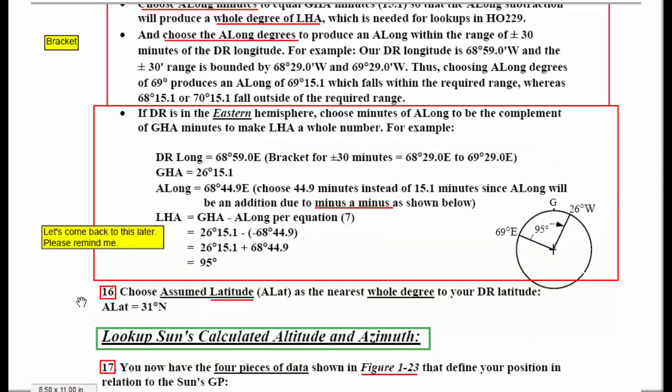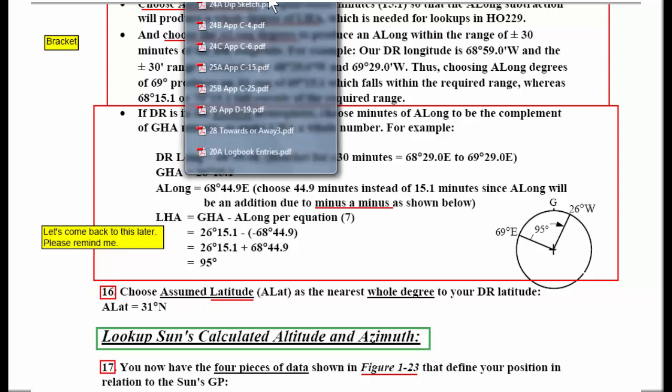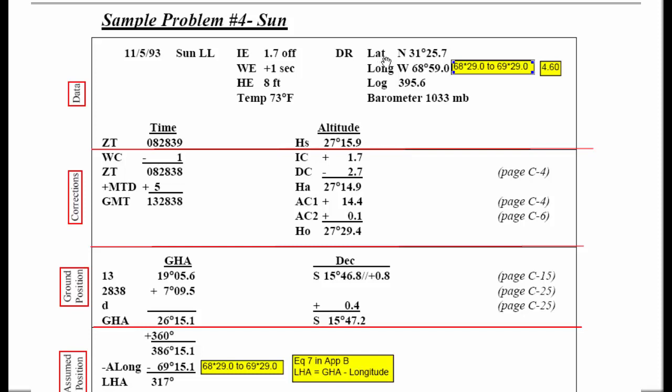I'm going to skip down here to paragraph 16. Choose assumed latitude, A lat, as the nearest whole degree to your DR latitude. So A lat is 31 north. And if we look at our DR latitude, we see it's 31 degrees 25.7, which is less than half a degree.